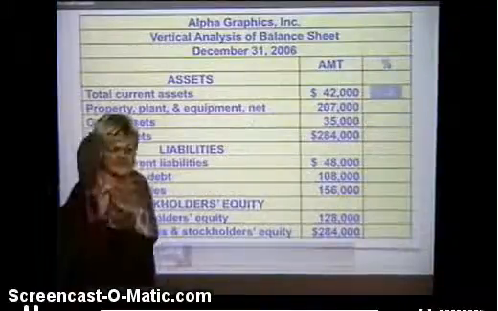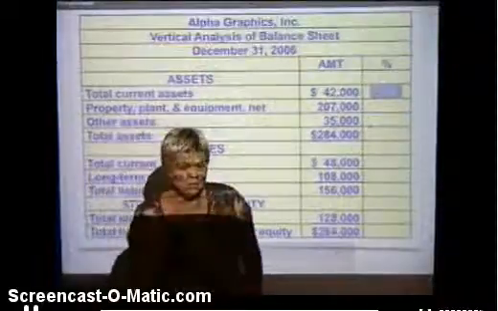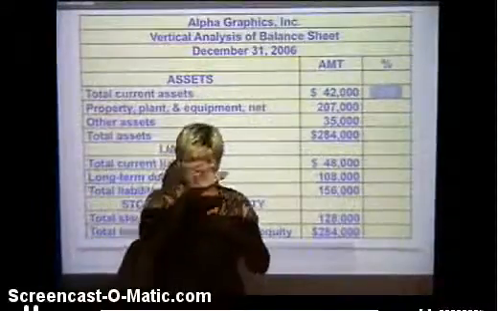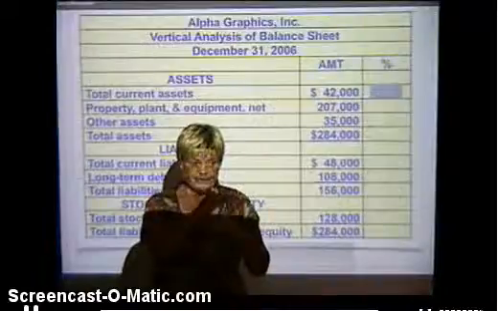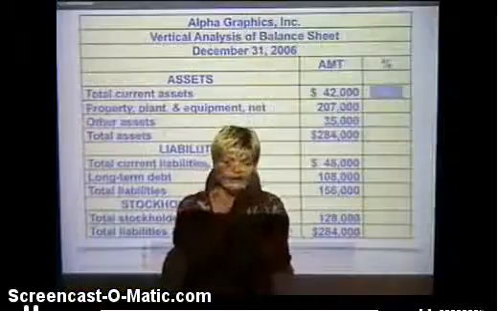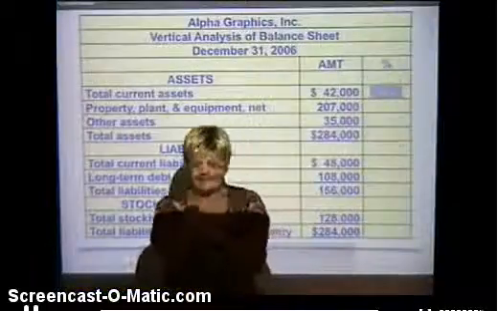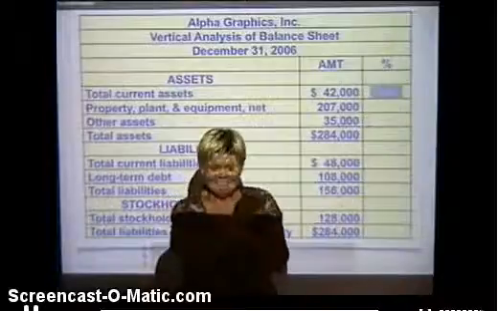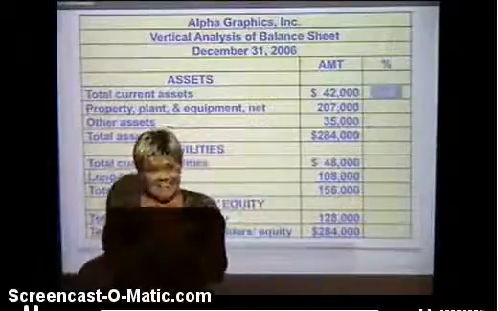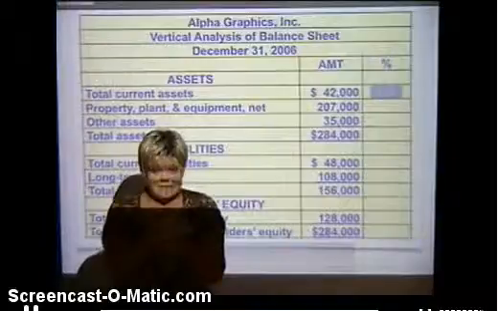Anytime it says net, just like on the income statement when we see net sales, that means something has been taken out of sales. What would have been taken out of sales to get net sales? Yes, the returns and allowances. Any returns and allowances taken out gives you net sales.